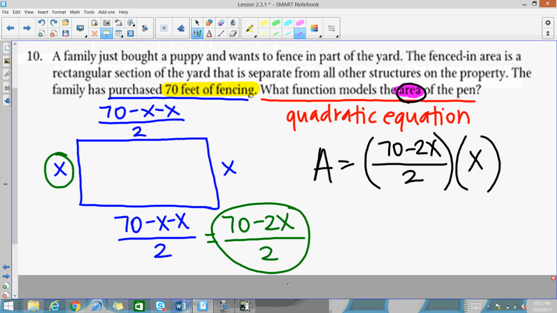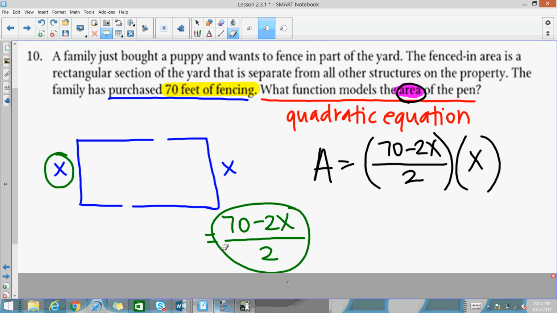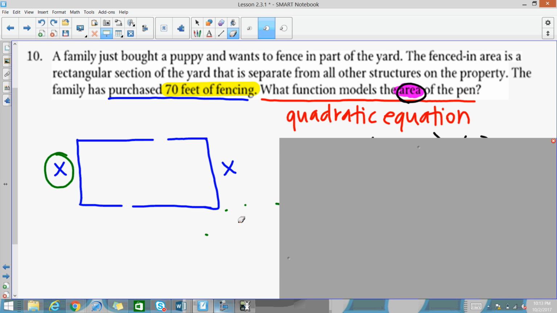Now, what I'm going to do is I'm just going to erase this because, honestly, no offense, this and this, and even this, means nothing to you. So, ready? Let me explain. You have a rectangular fence. All right, rectangle, bam. Now, what do you know about rectangles?